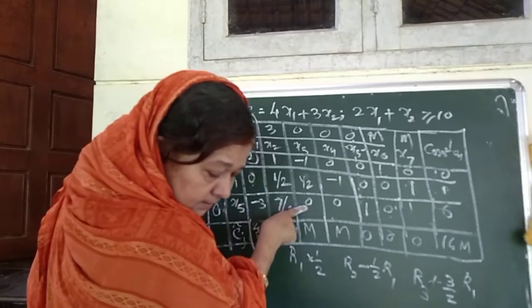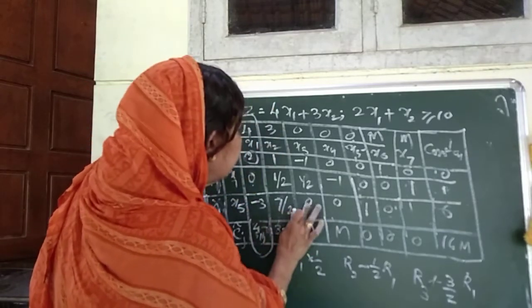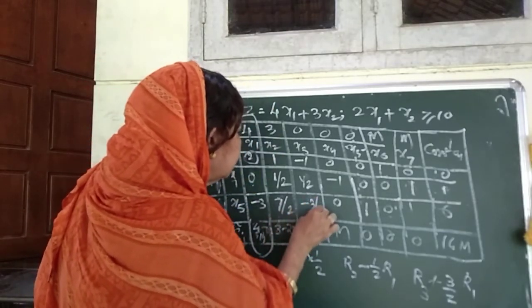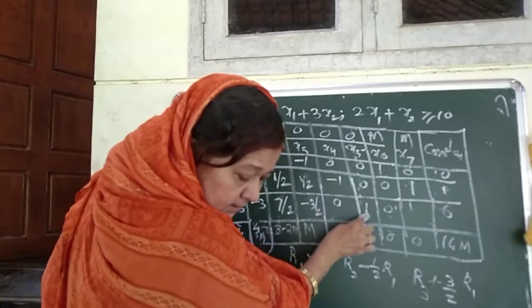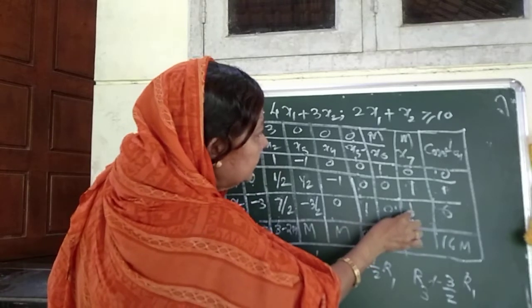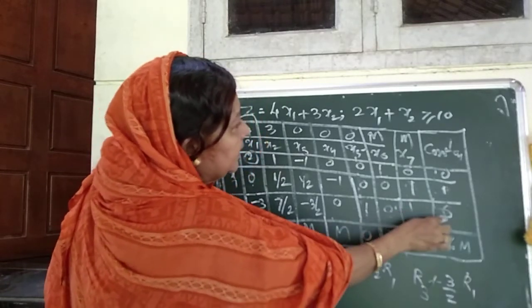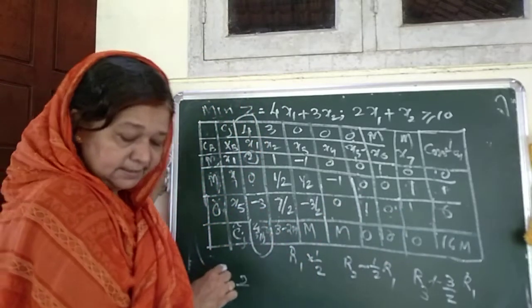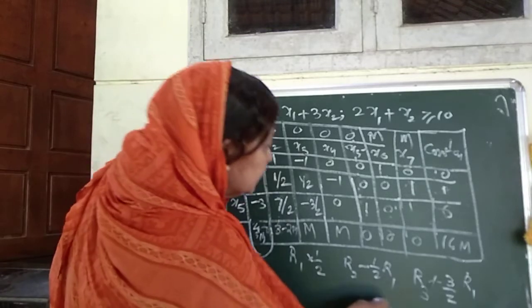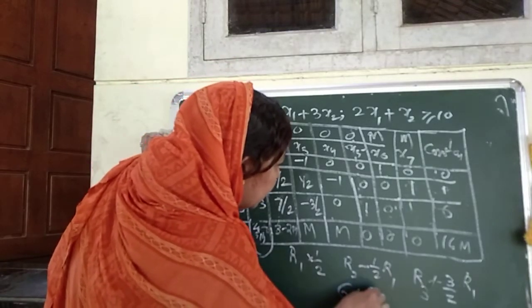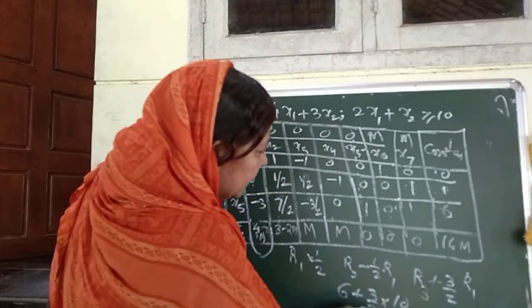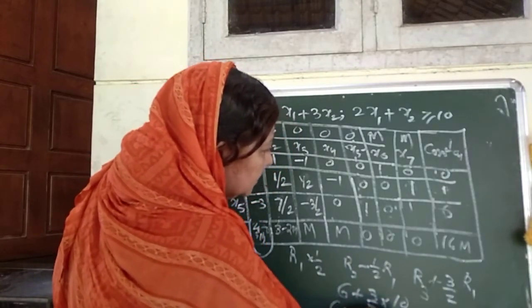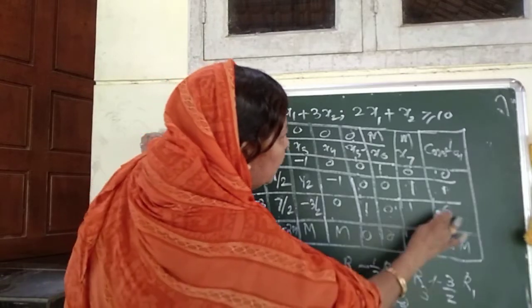Then here it is minus 3 by 2 on simplification. And also here 0, 1, 0, here 1. Then 6 plus 3 by 2 into 10 gives 3 plus 6 plus 15, 21.